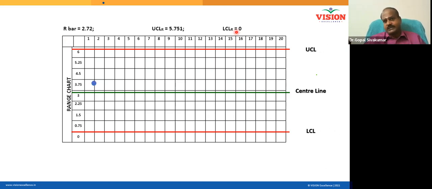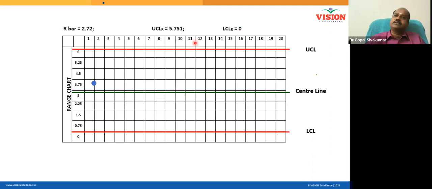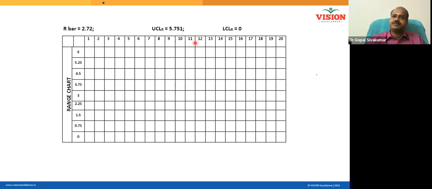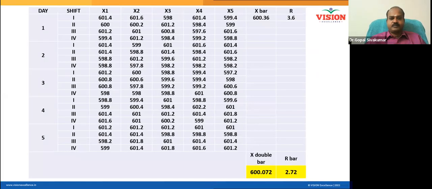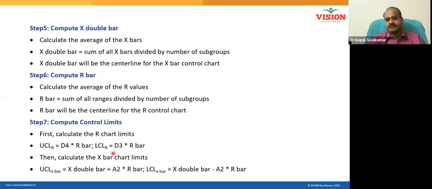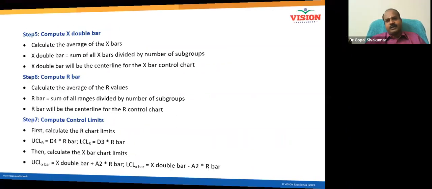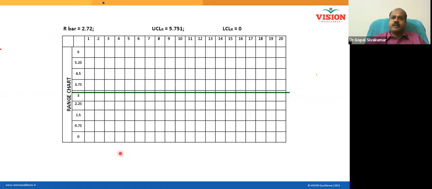Plot your first range. Sorry to interrupt. Can you just explain how did you get UCL? The formula is D4 into R bar. Can you see the formula here? Okay. D4 into R bar and lower control limit D3 into R bar. These formulas are developed by the statisticians and we are just using it because what we require to locate the control limit is population standard deviation.